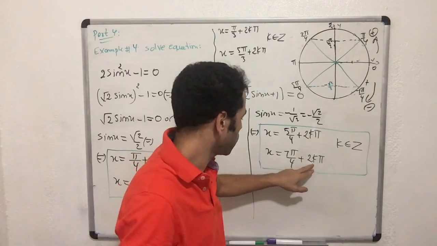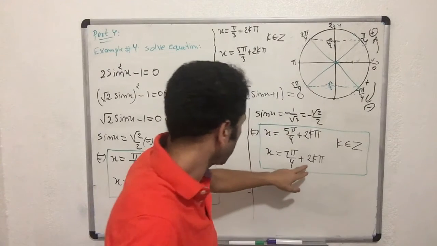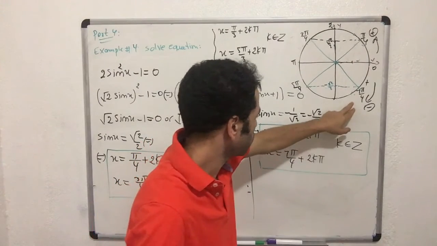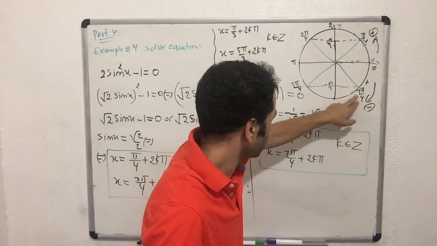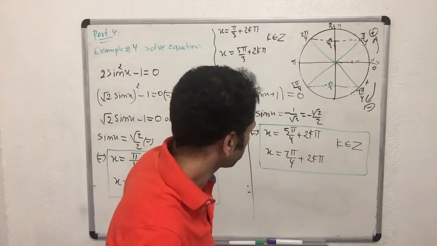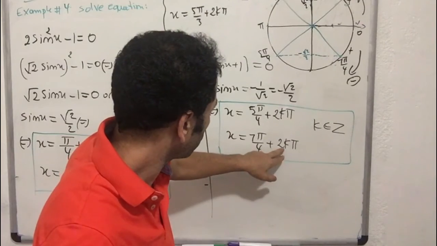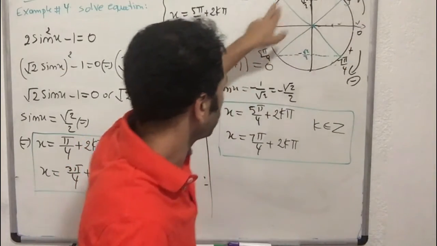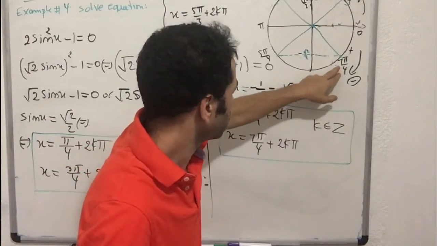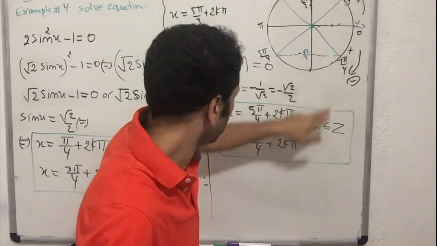If you choose k equal to 0, that means you are at the same point. If you choose k equal to 1, that means you are making the turn plus 2 pi, so it's the same angle, okay?